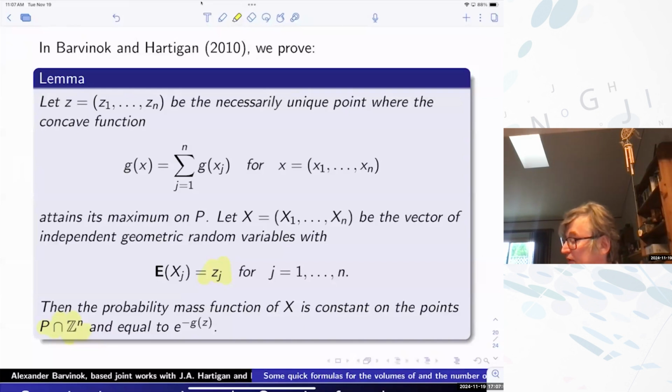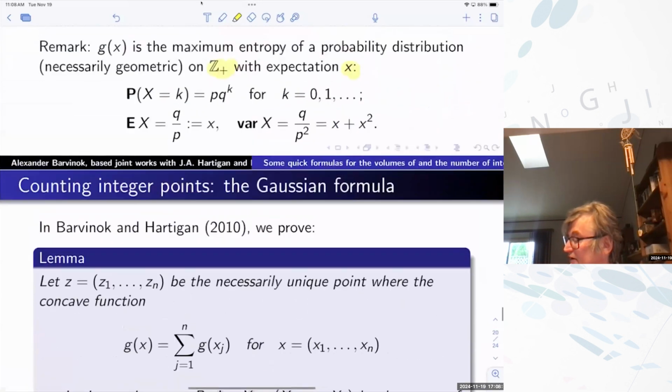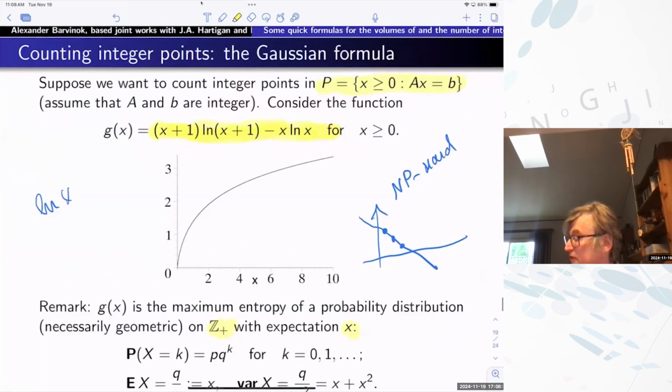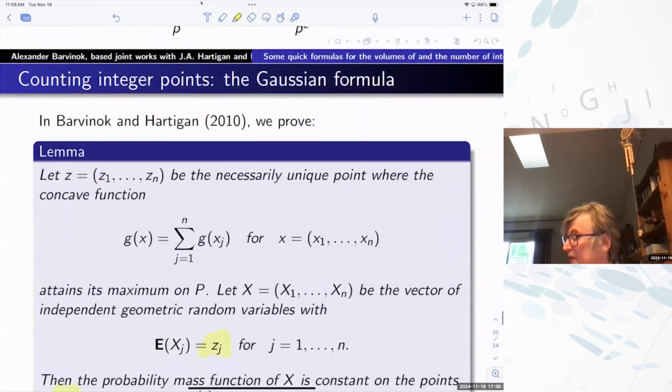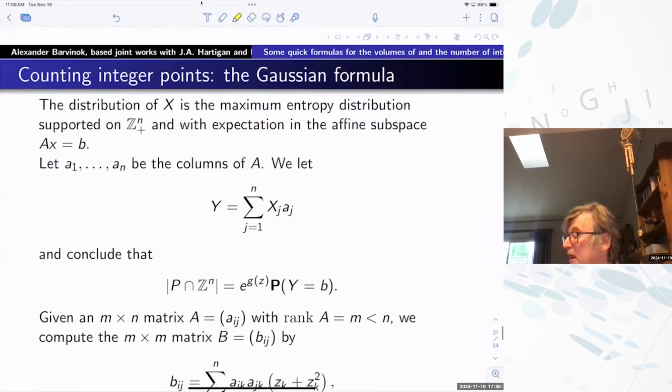So it's similar to the one that I talked about with exponential random variables, but here we're in the discrete situation, so we take independent geometric variables, properly attuned to the expectations given by the maximum of that function.